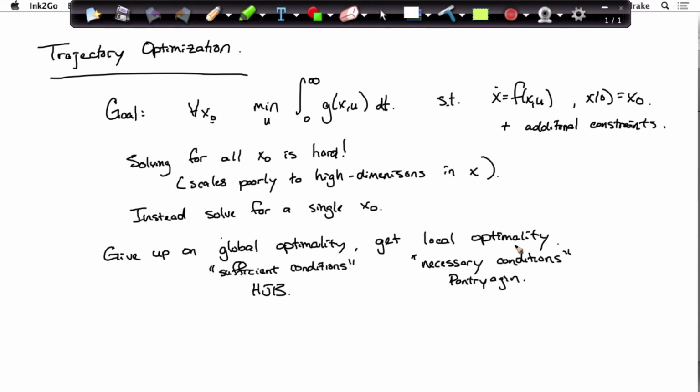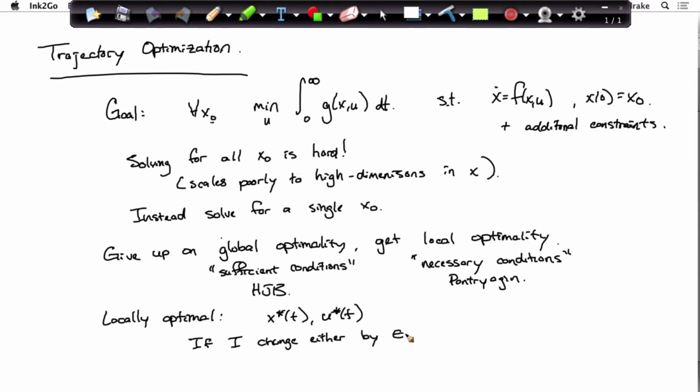And just to remind you what it means to be locally optimal: if I have some solution trajectory x star, u star that I have as a candidate for local optimality, local optimality means that if I change either x or u by some epsilon, then either my cost goes up or a constraint is violated.